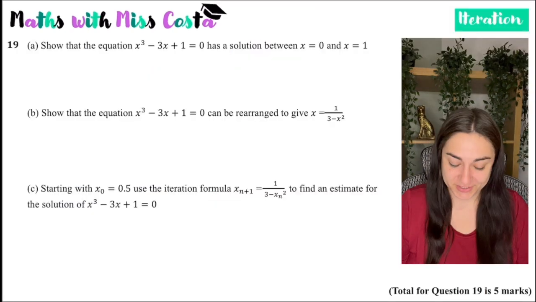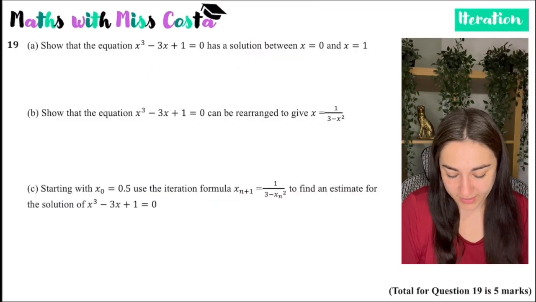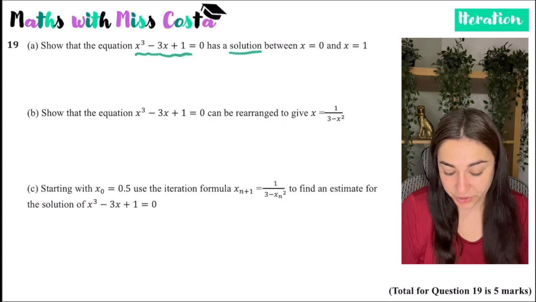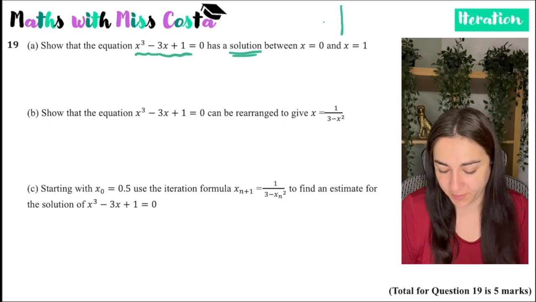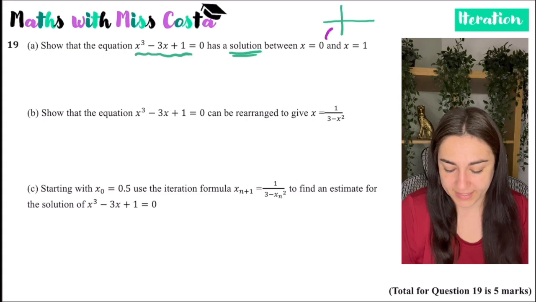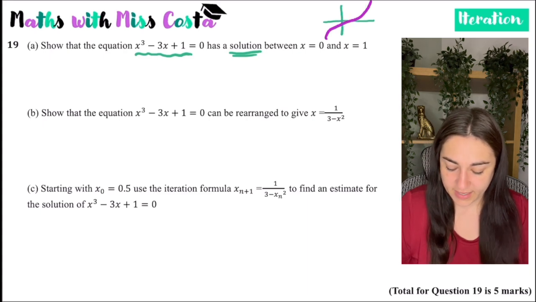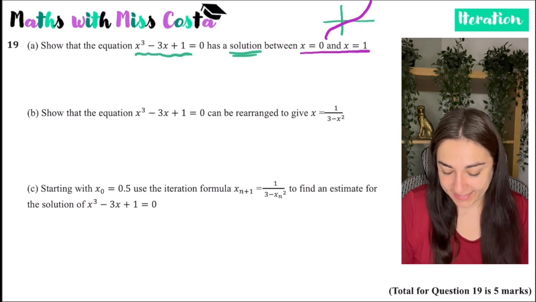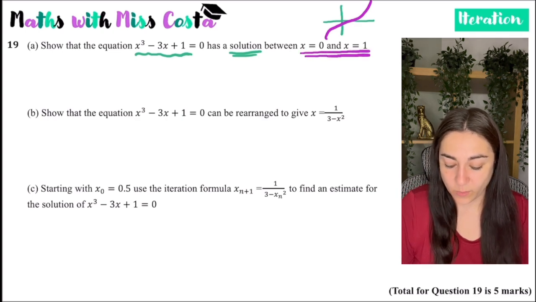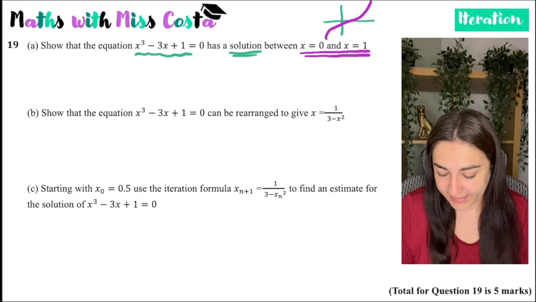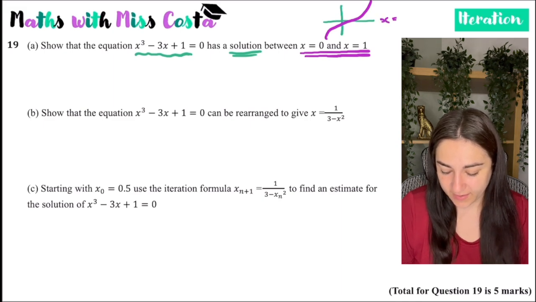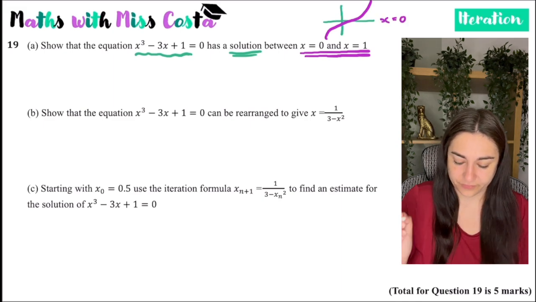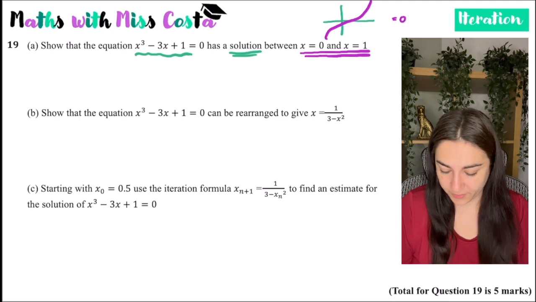Okay, so in this question, I am told that the cubic equation has a solution between x is 0 and x is 1. So all that means is that the cubic graph must be crossing the axis between x is 0 and x is 1. And the way to prove that is, well, over here, y is 0.